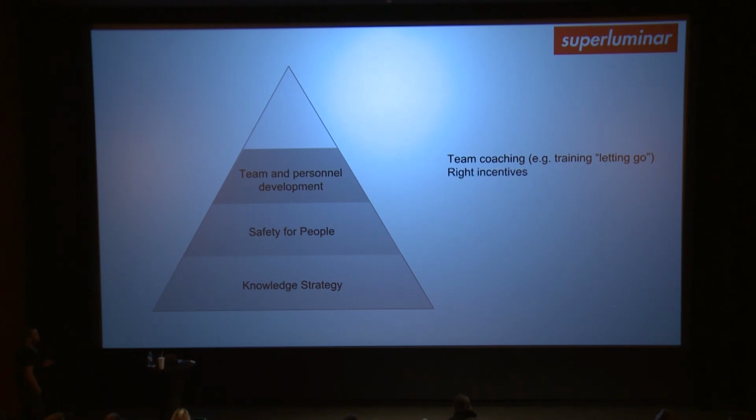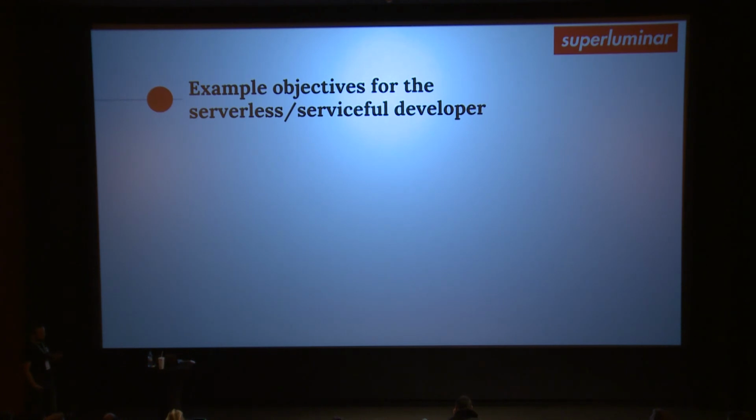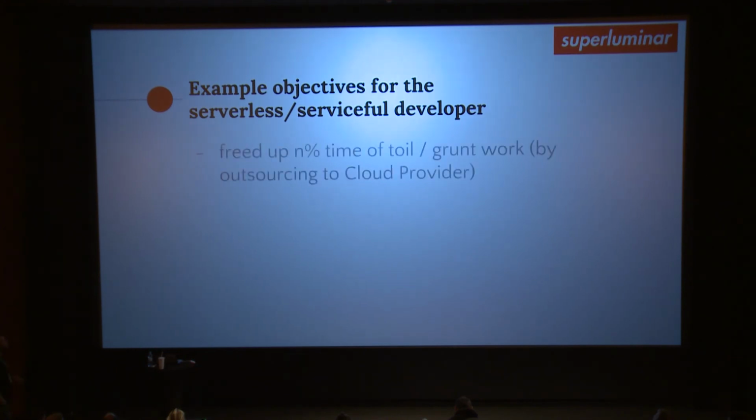And we also have to have the right incentives for our teams, because with the wrong incentives all this stuff might not work. I have some examples that are made up, but which might work. I'm really open to feedback here.